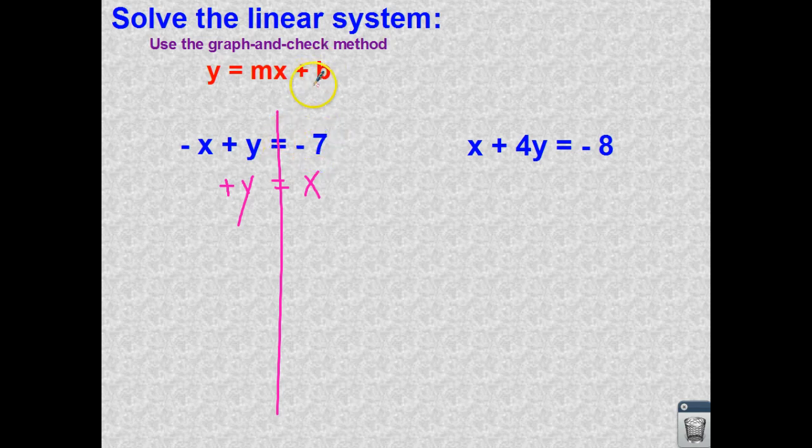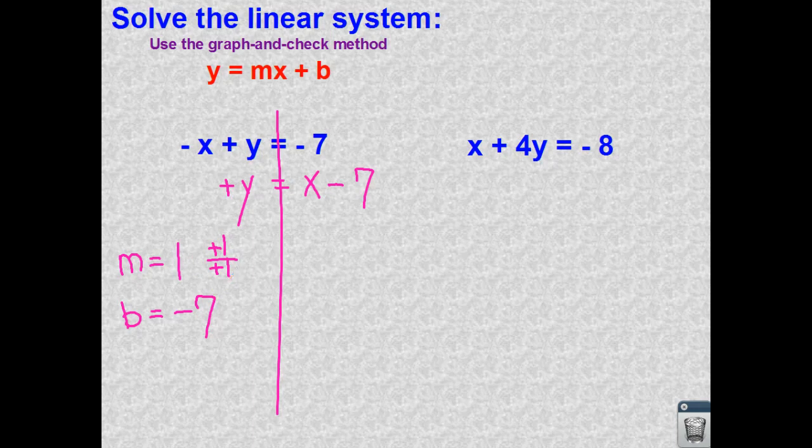We want that negative 7 to be on the right side of the equal sign, so let's keep it there. And it looks like we are done. The coefficient is positive 1, so we have y equaling mx plus b. Our slope is going to be 1, and our y-intercept when we graph it is going to start at -7. And the fraction for 1, if we're doing our rate of change, will be rise 1 and run 1. That'll come in handy later on.